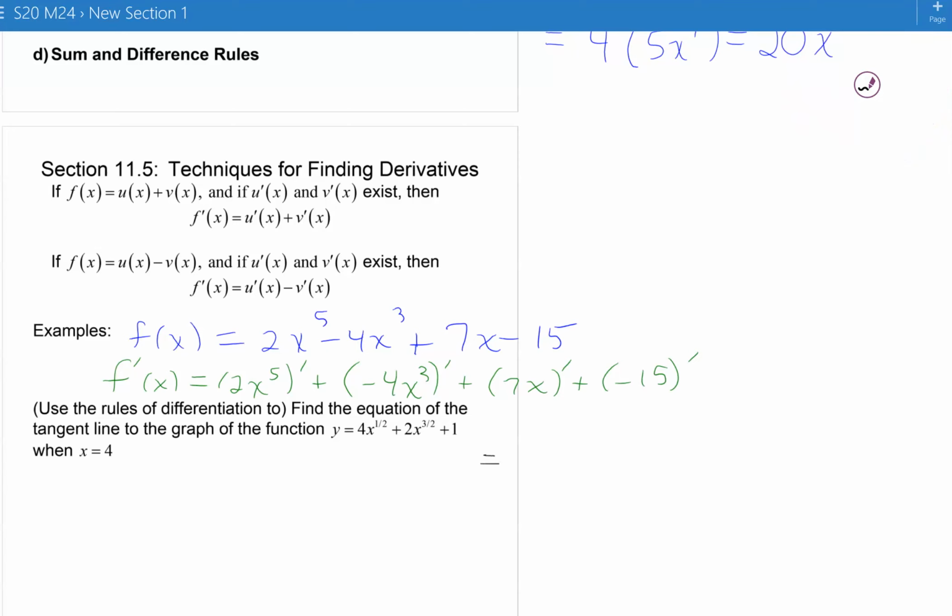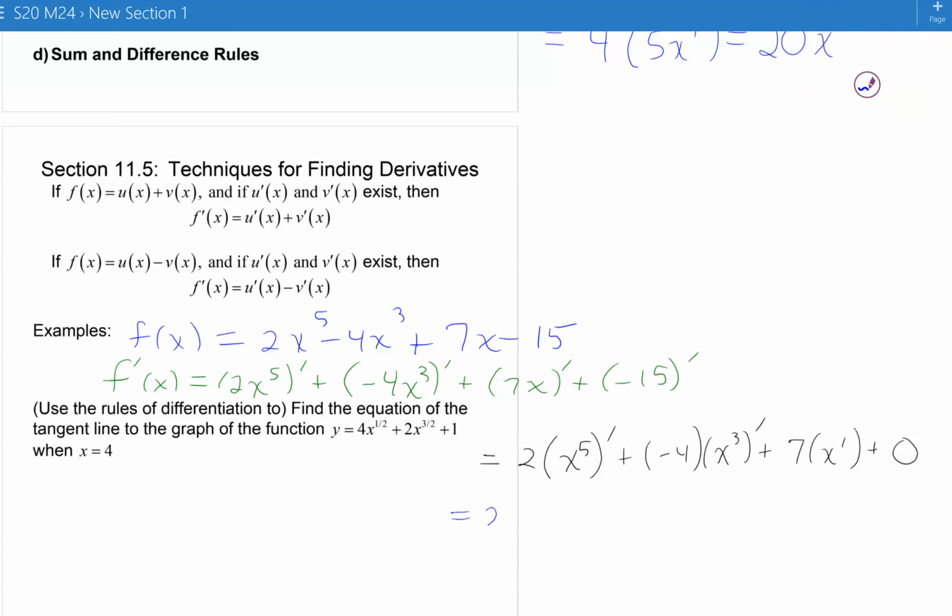So the derivative of 2x to the 5th, I'm going to go in super slow-mo, is going to be 2 times the derivative of x to the 5th plus negative 4 times the derivative of x cubed plus 7 times the derivative of x plus the derivative of negative 15 sitting by itself, that's 0.